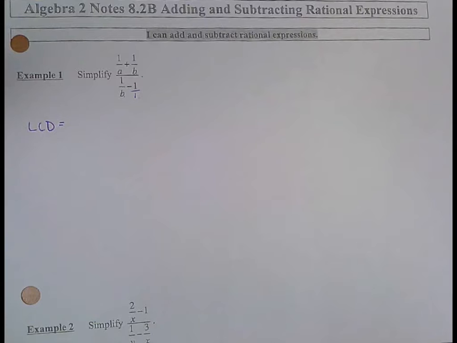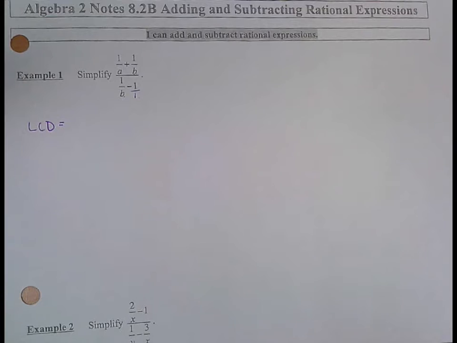I want to find the least common denominator of those 4. So what would the least common denominator be for those 4 fractions? Or the least common multiple of a, b, and 1?